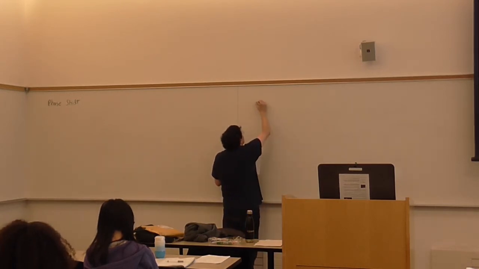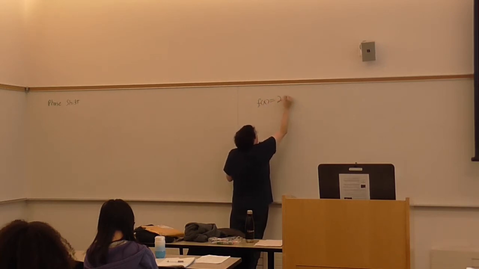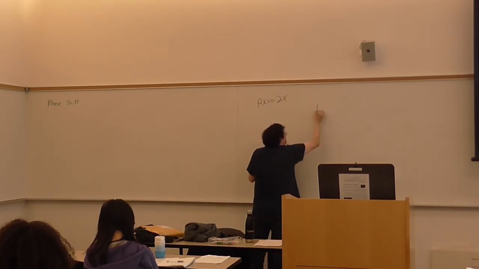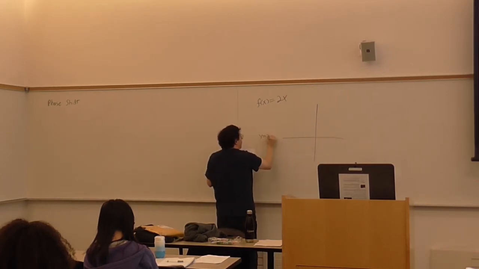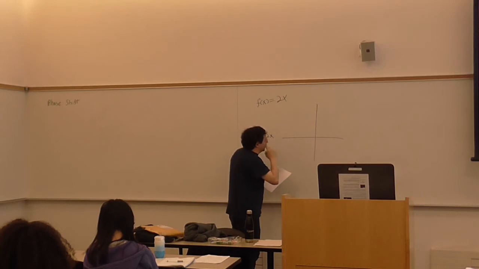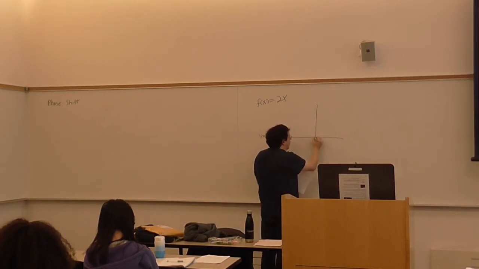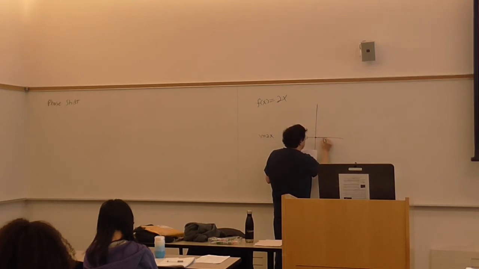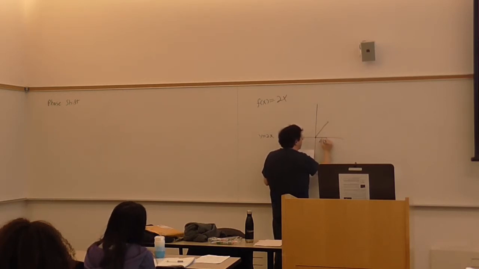I have some function, let's say 2x, or I'm going to graph y equals 2x. Y-intercept is 0, and slope is just 1 delta x, delta x, delta y.